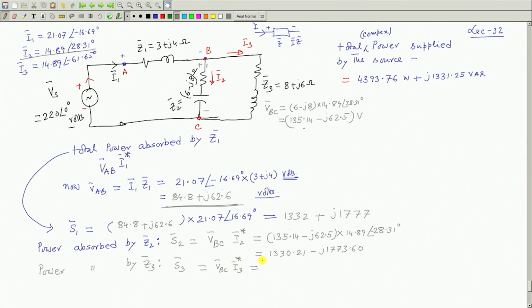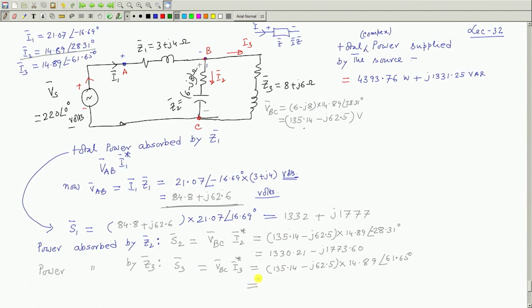Now, V bar BC is already known, that is 135.14 minus j 62.5 into I3 star. I3 is 14.89 and the angle will be plus now 61.65 degree.